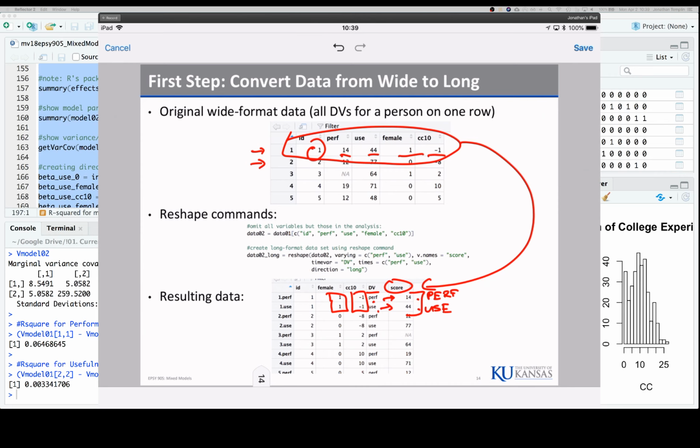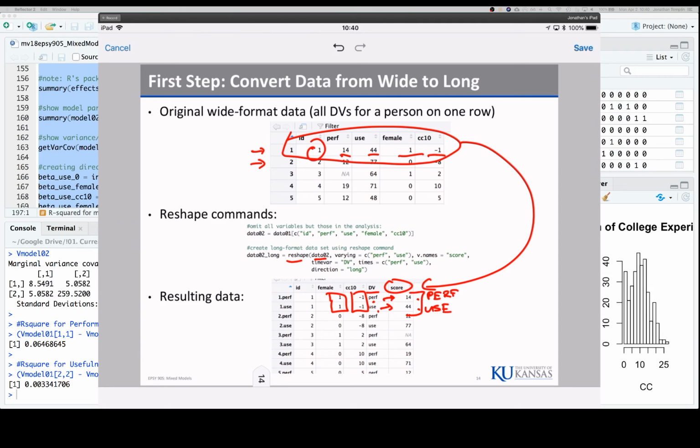Now the way that we accomplish that in R is through the use of the reshape function. I created one of these functions in the EPSY 905R package, but I'm going to stick with reshape here because it's often what you find out there for help in R packages when you go forward. Here the reshape function takes our data frame from before.